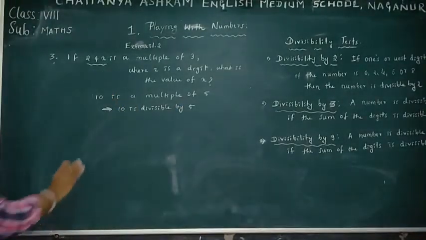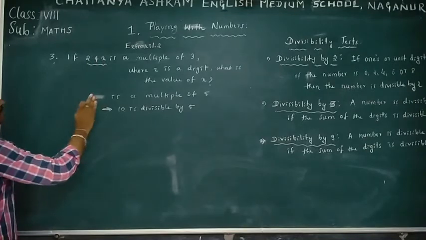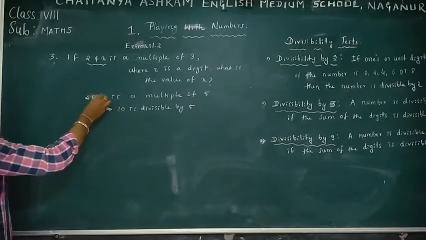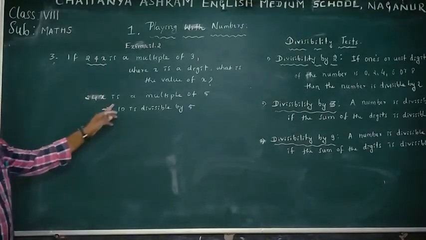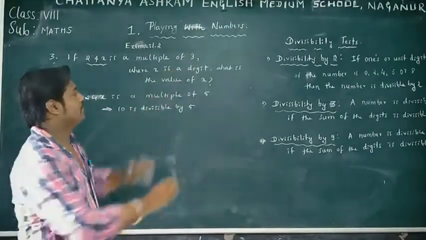In the same way, 2 4x, this 3-digit number, 2 4x is a multiple of 3.